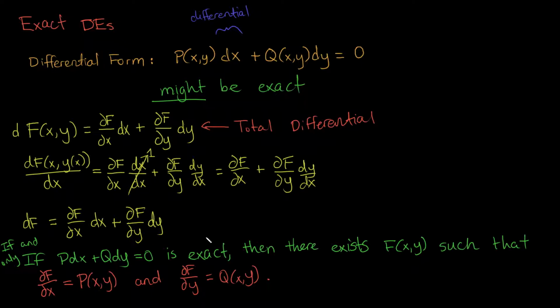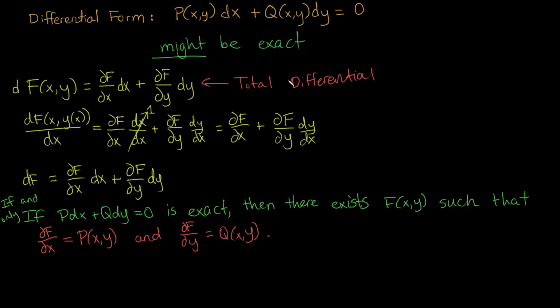We want an easier way to check if this is indeed an exact equation before we go looking for this f, because otherwise we might go on a wild goose chase. We'd say, okay, here's a differential equation. Is it in exact form? Let's try to find a function, but then it turns out it isn't in exact form, and you're just running around in circles trying to find a function that doesn't exist. So how could we possibly find if this is indeed an exact equation, but with an easier method?